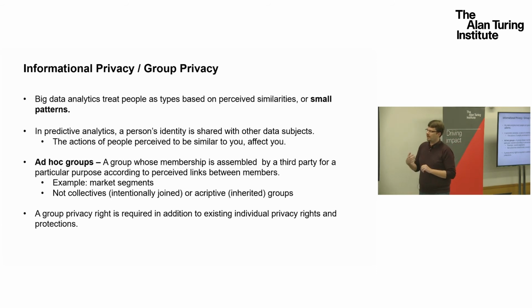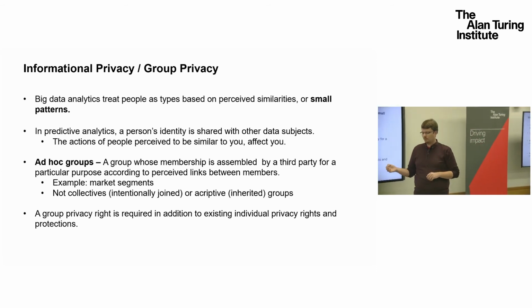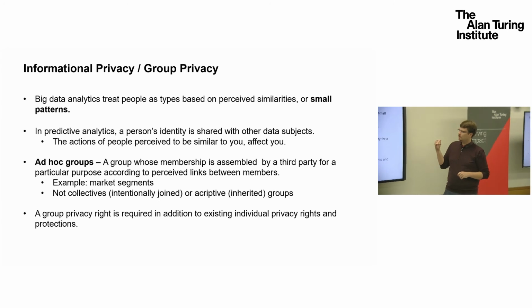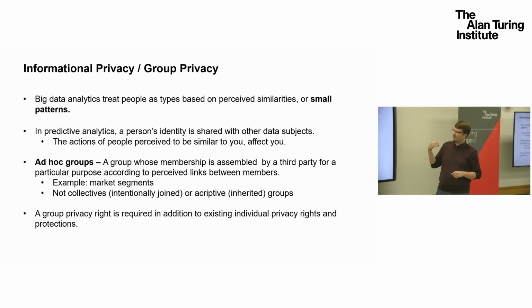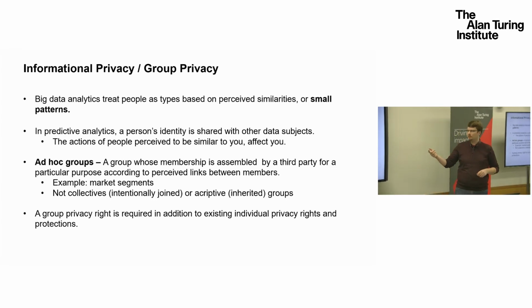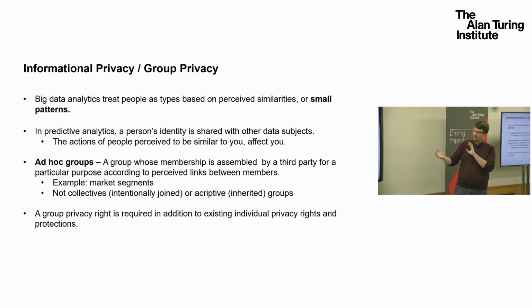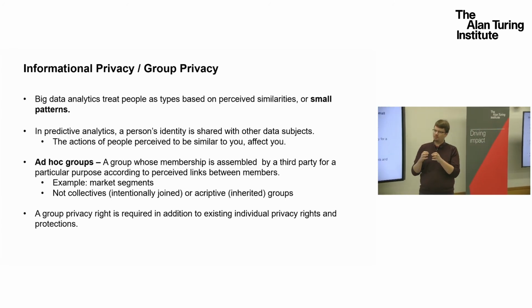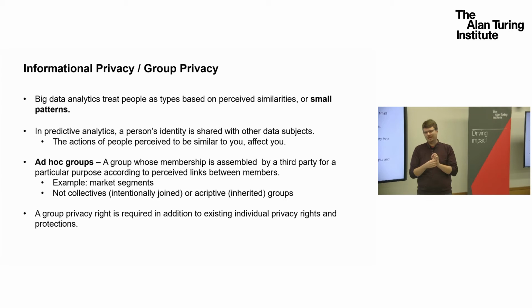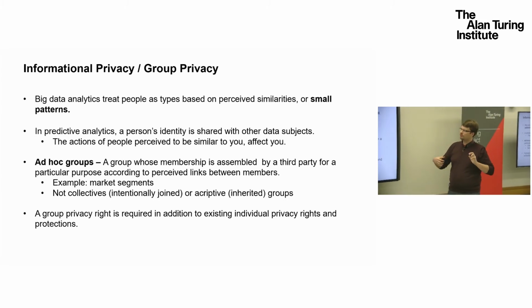Now the problem that we have is that the sort of systems we're working with now, the analytic systems, they treat people as types, or at least they're trying to find small patterns or similarities between people. So it's not really the unique identifiable individual as such that the system is interested in, but rather the way that it can link individual cases to other cases or individual records to other records.